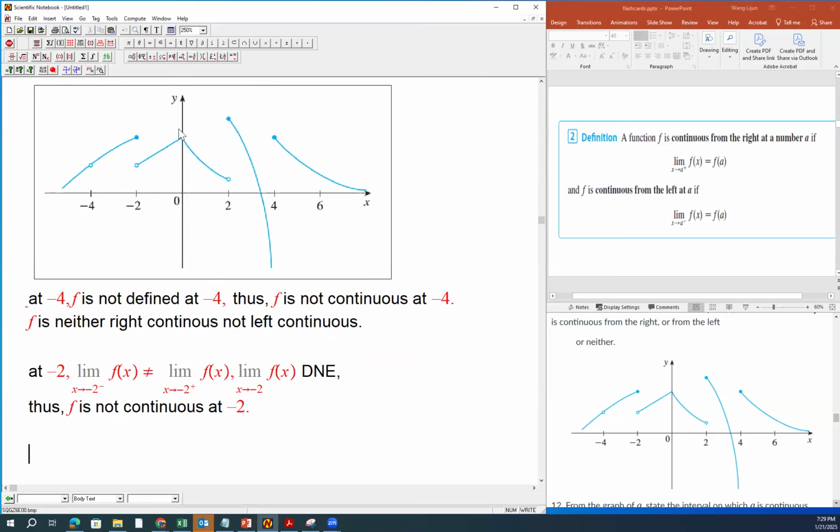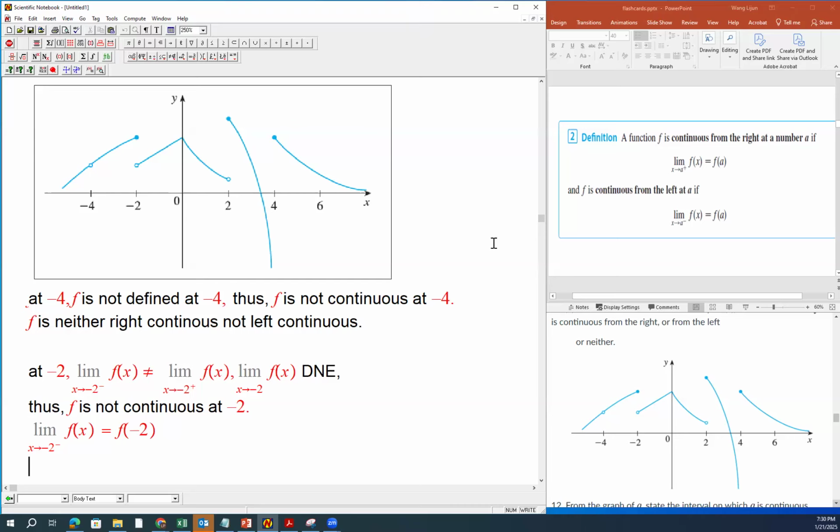However, the limit from the left, when x is approaching -2 from smaller than -2, is equal to the function's value at -2. So it is continuous from the left at -2.